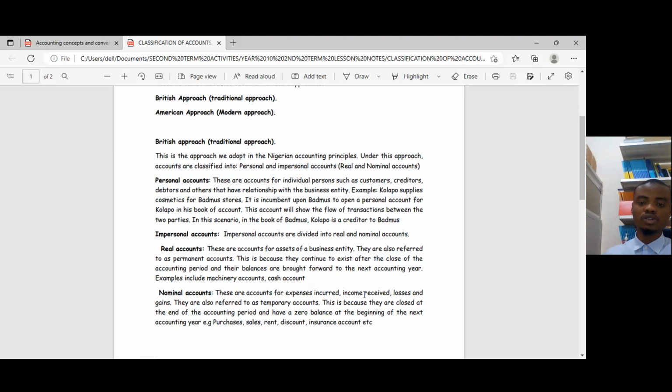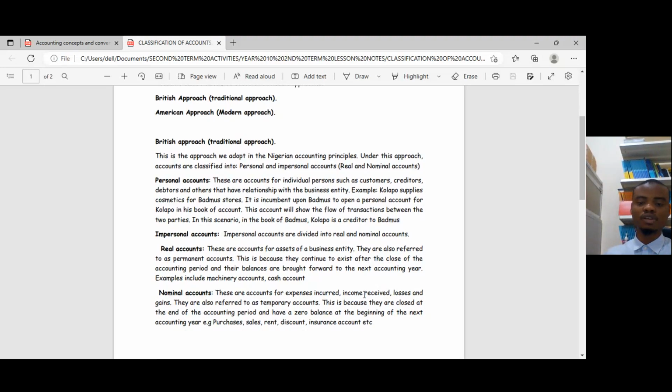In this case, in the book of Badmos, Olapor is a creditor to him. Because Olapor supplied goods to him, he is a supplier to Badmos, and Badmos has not paid him, so he becomes a creditor. So, accounts of creditors and debtors, in as much as their names have been mentioned, you should know that they are personal accounts. I think that is clear.